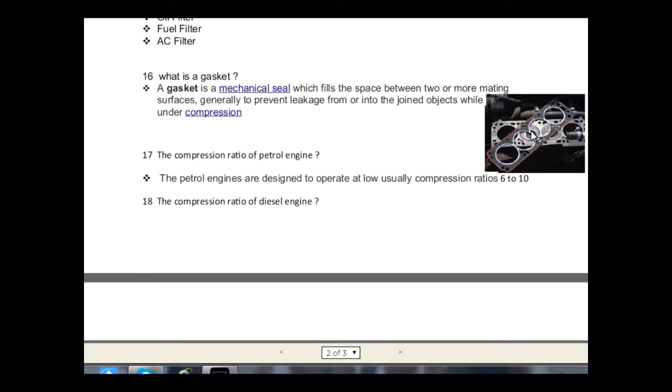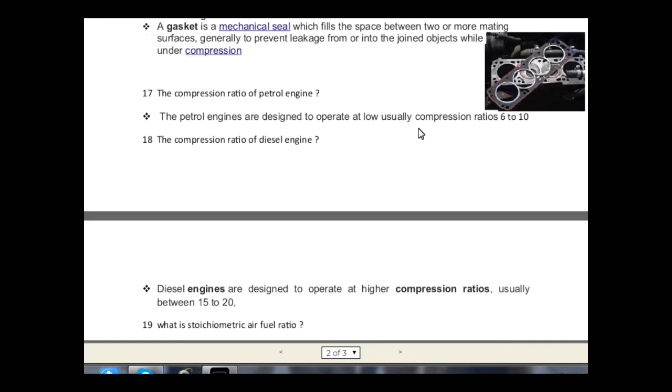So we place a gasket between these two surfaces, so that we can easily prevent the leakage of the fuel or air-fuel mixture between them.